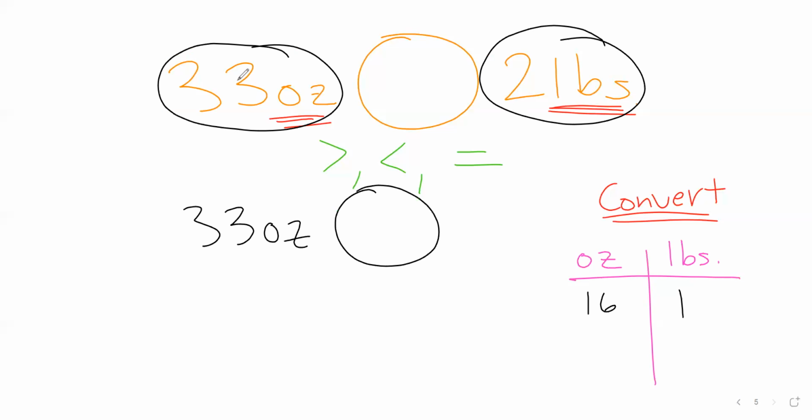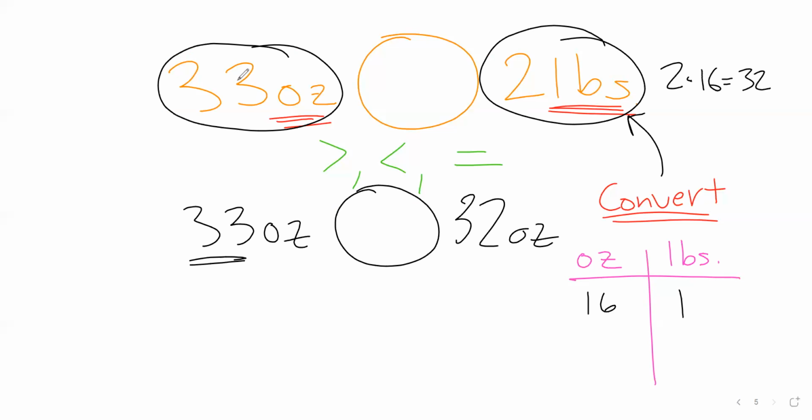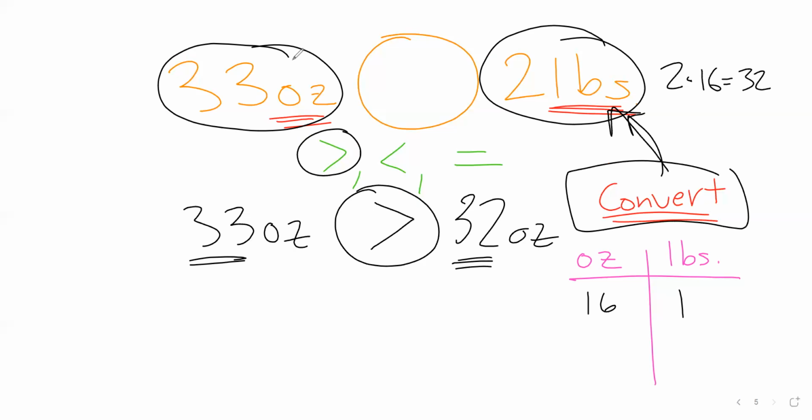And now I'm going to convert 2 pounds into ounces. So 2 times 16, that's 32 ounces. And now I can compare them. This is 33 ounces. This is 32 ounces. 33 ounces is definitely larger than 32, but barely. And that's how we can do this kind of work, is actually convert them to the same unit.